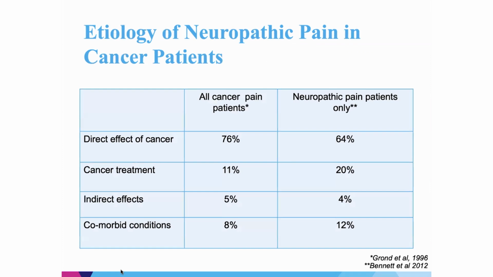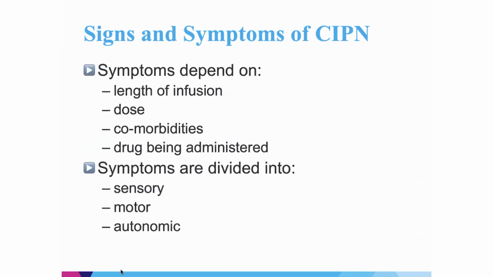Important, though, when someone comes to you and they're having neuropathic pain, is that you take a really good history and try to figure out: is this chemo-induced peripheral neuropathy, which has one treatment, or is it a tumor compressing on a nerve that might have another treatment? Because often it's not the medicine itself causing the neuropathic pain. It also might be the cancer.